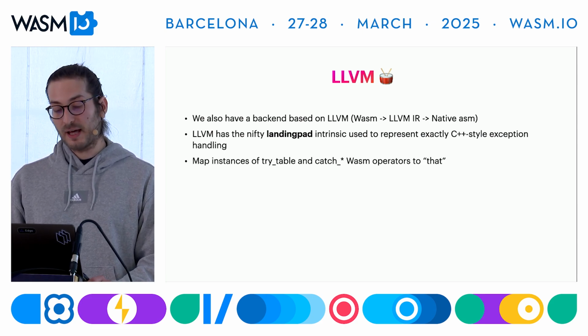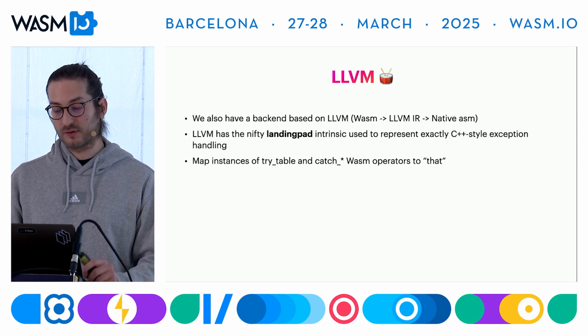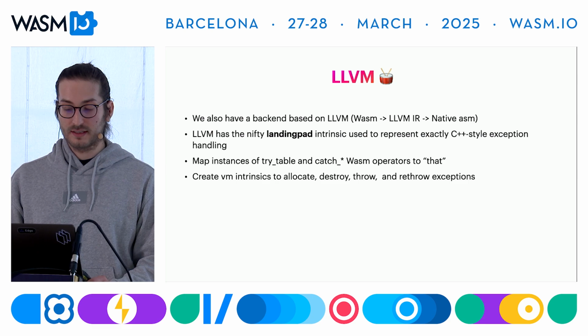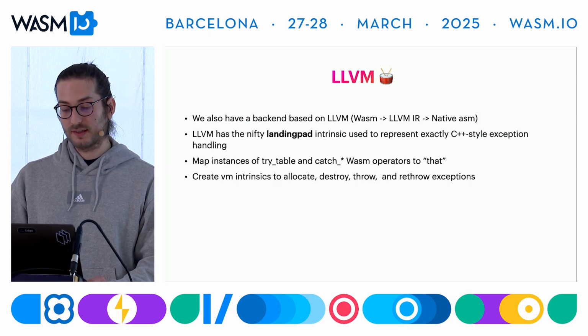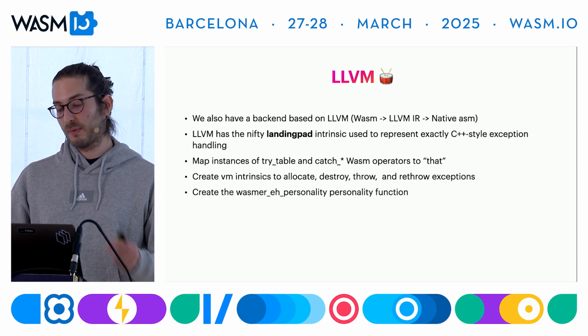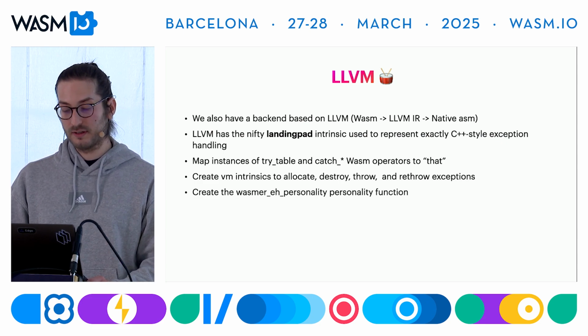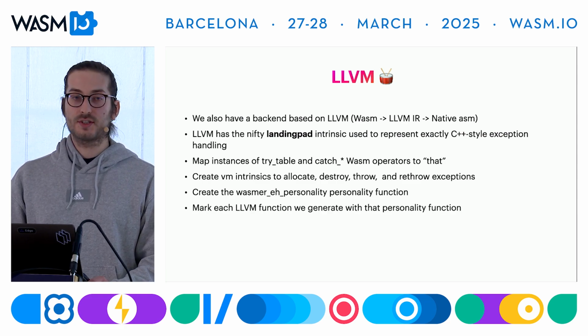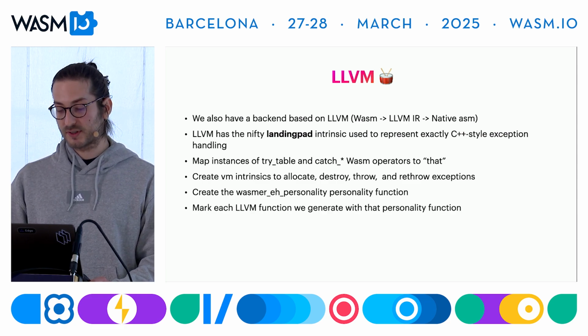And we map the operations from the Wasm side to operations on the LLVM side. And we only have to create intrinsics in the runtime itself, to allocate, destroy, throw, and rethrow exceptions. We must create our very own Wasm personality function. We mark each LLVM function we generate with that personality function, and yeah, profit.